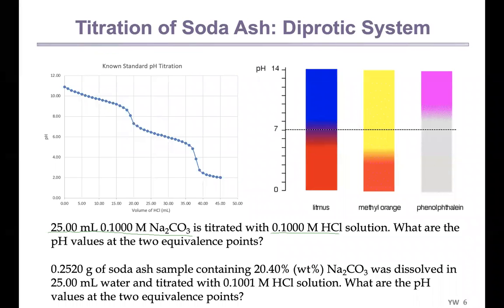Maybe it's easier to ask another question first. What is the dominating species, you think, at the two equivalence points? So we know that at the beginning we have CO3 2 minus, right? So what do we have here? And what do we have here?